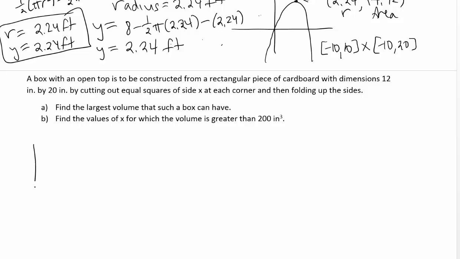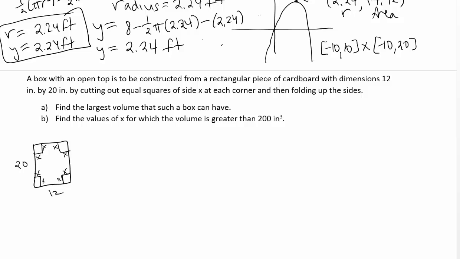So let me draw that. So we have 12 inches here and 20 inches here. And what we're going to do is cut out equal squares of side x at each corner. So I'm going to cut out a little square here, here, here, and here. And each of these little squares is x by x.